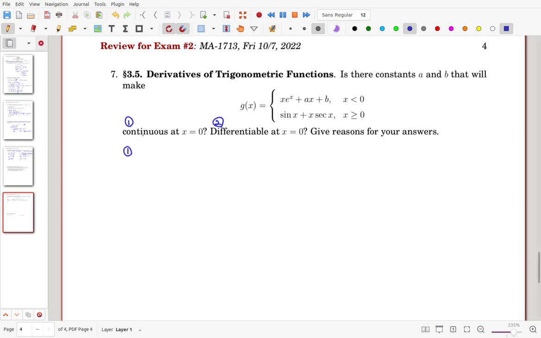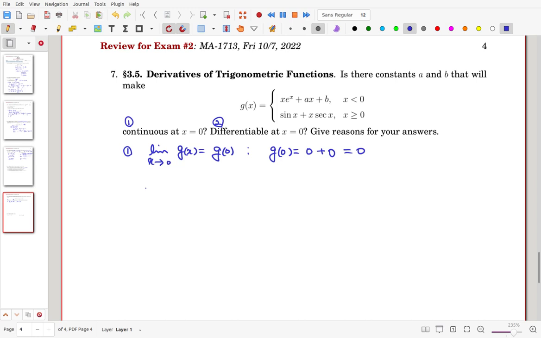Continuity means that, again considering the definition, the limit as x approaches 0 of g of x must be the same as g at 0. Right now g at 0 is defined, for x larger than or equal to 0. So once x equals 0, that is 0, plus again 0. So that is 0.